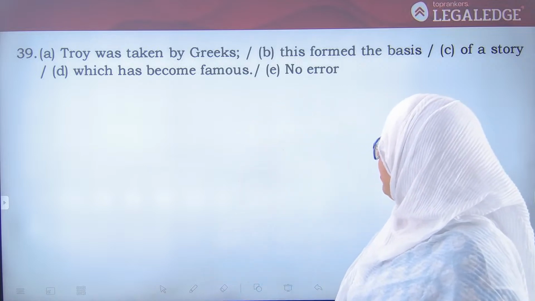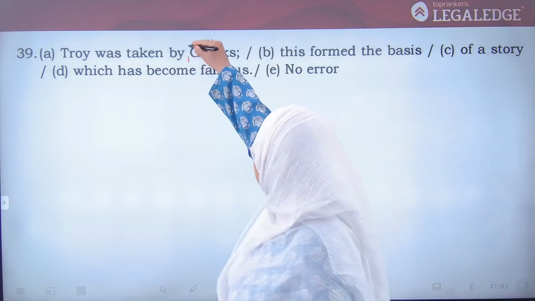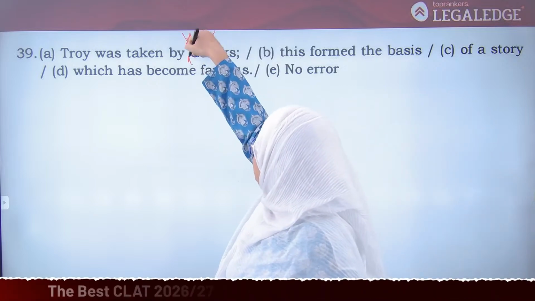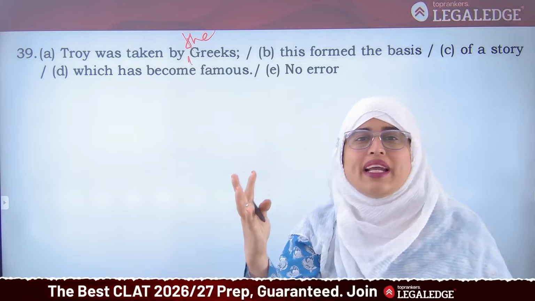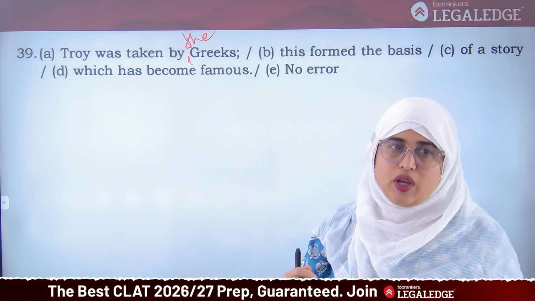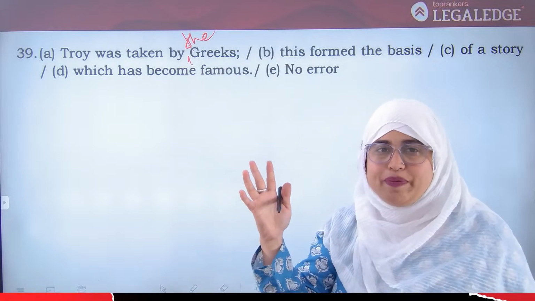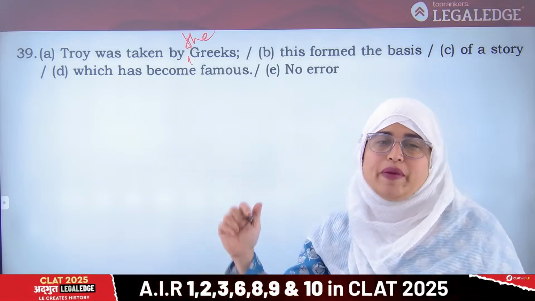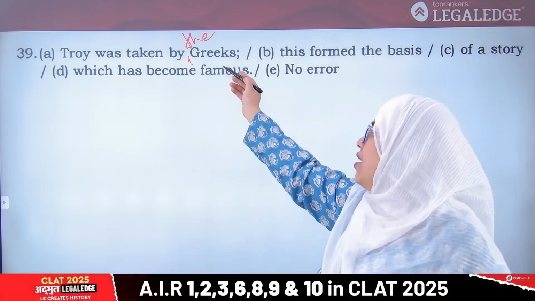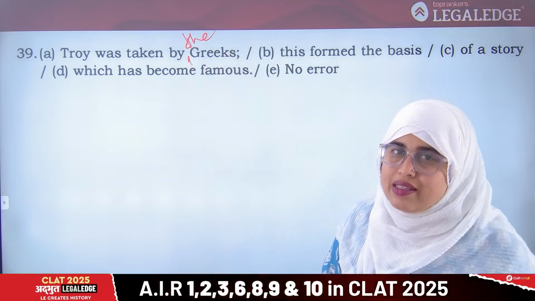Troy was taken by the Greeks. Article the is required because we are specifically talking about the Greek people. We're not talking about any other people, only the Greek people. So definite article the is required there.